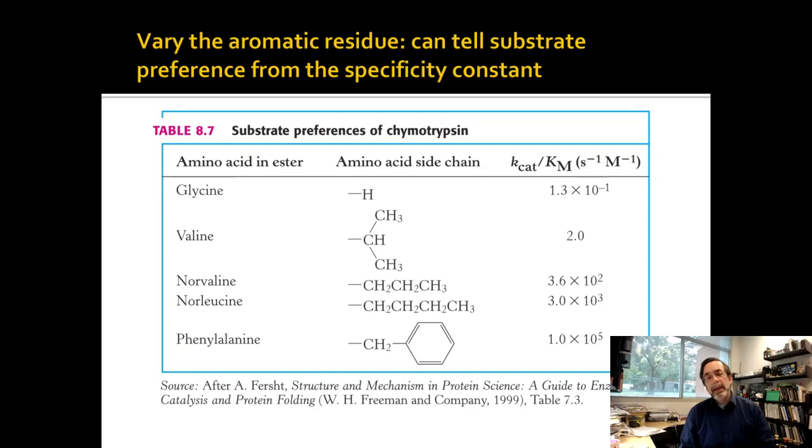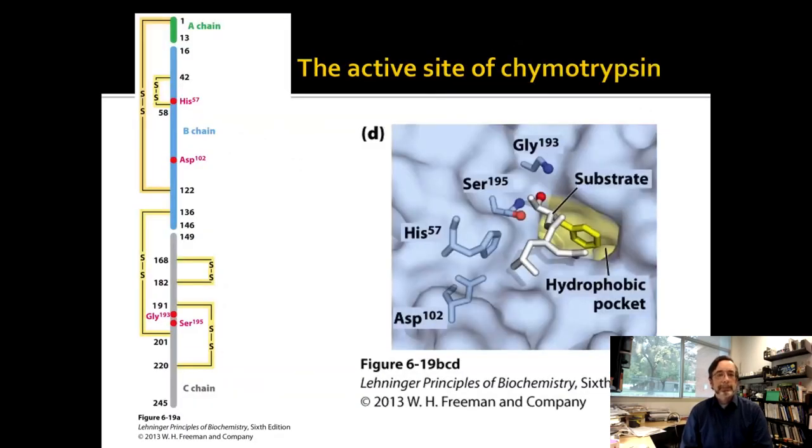So you can say, okay, how important is it that it has a ring? It's pretty important, but it's also important that it just has carbons there. Even if they're not in a ring, norleucine still sort of works. So you just want to be able to compare the numbers and think it through as far as what it means for how structure relates to how chymotrypsin works.